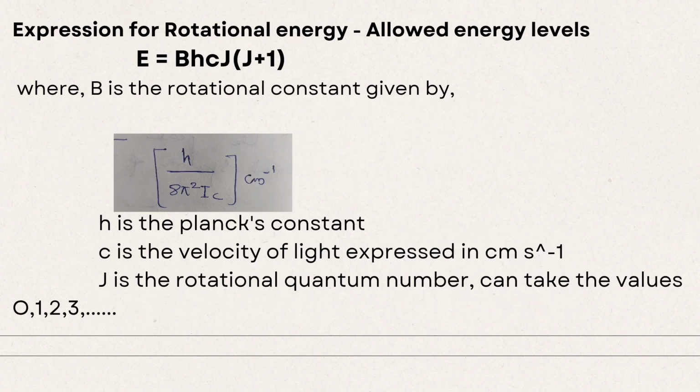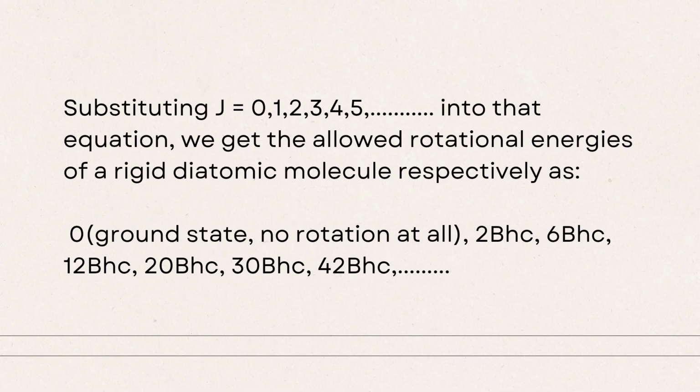In the previous video, we discussed the expression for moment of inertia. So the second part is the expression for rotational energy, that is, the allowed energy levels. It is given by the equation E = BhcJ(J+1), where B is the rotational constant given by h/8π²Ic in centimeter inverse. h is Planck's constant and c is the velocity of light expressed in centimeter per second, and J is the rotational quantum number that can take the values 0, 1, 2, 3, etc. We can substitute J equal to 0, 1, 2, 3, 4, etc. into that equation.